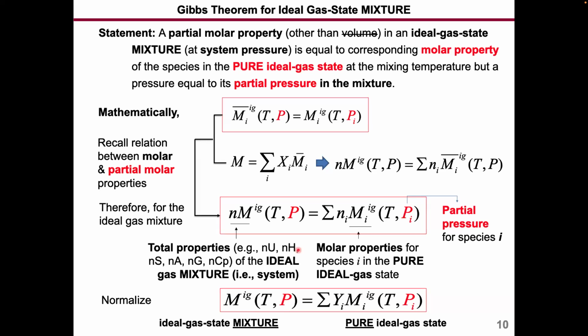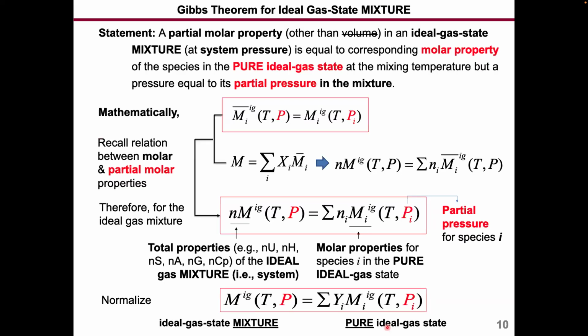All right, so this is the ideal gas state mixture, and this is related to the pure ideal gas state. Okay, all right. So now we can use this equation to calculate what is your U, H, S, A, G of the mixture, okay? So now coming back to the ideal gas mixture, right?